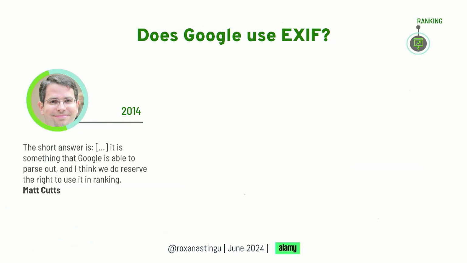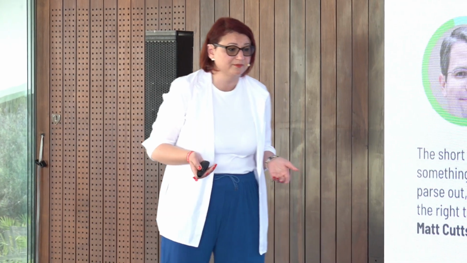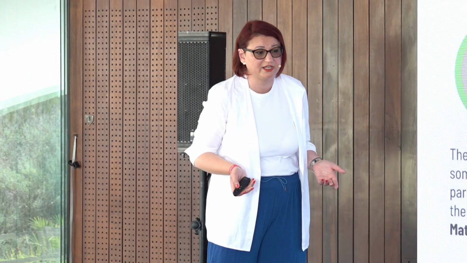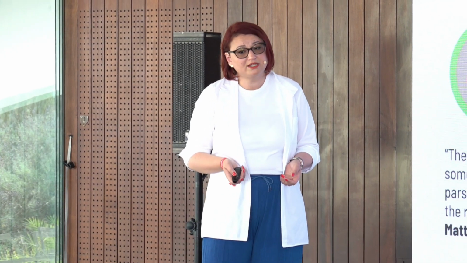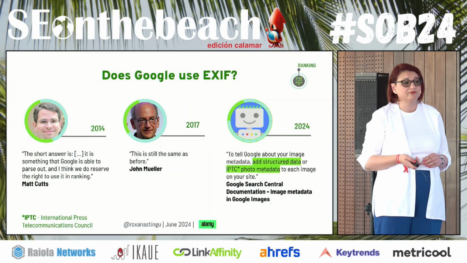Right, old question. Everybody says Google uses EXIF in images. I'm here to tell you otherwise. In 2014, Matt Cutts said we reserve the right, which to me means we have this data, but we haven't decided what to do with it. In 2017, John Mueller confirmed that nothing has changed. But if you read documentation nowadays, there's no mention in Google's documentation about EXIF whatsoever.